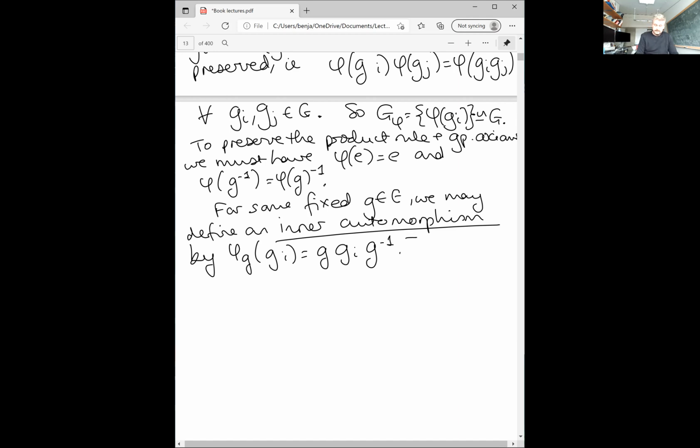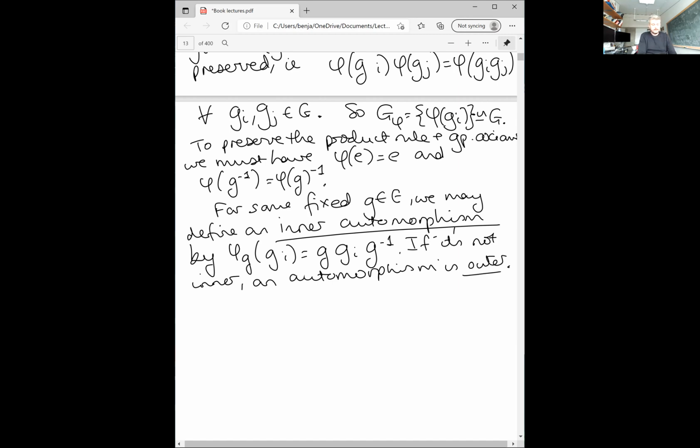Okay. If it's not inner, an automorphism is called an outer automorphism.